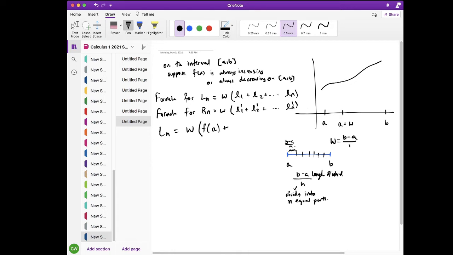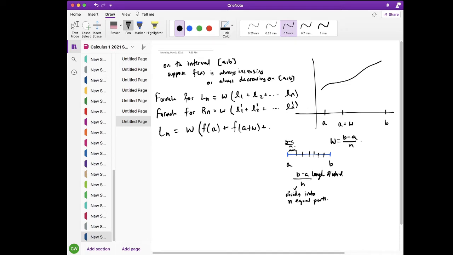You can do it in terms of W if you don't want to do B minus A over n. Yeah, so in terms of W, it's just A plus W.